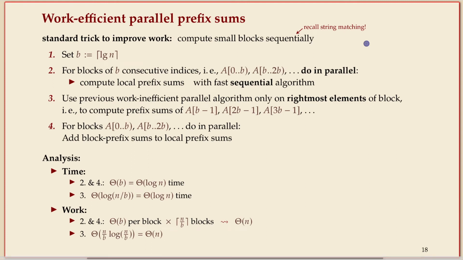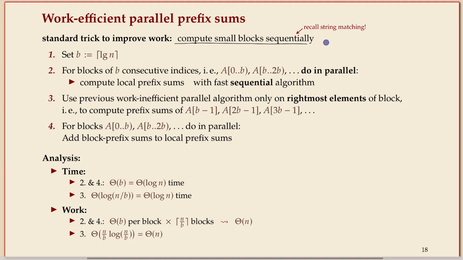And that's again, before we dive into the details, I know it's a wall of text. I should have split that up. The key thing is that this is a template that works more generally. If you have an algorithm that's good in terms of parallel time, but not work efficient, try to find a way to break the problem into blocks where you can use an efficient sequential algorithm on small pieces, and then on the aggregate results, use your work inefficient parallel algorithm.